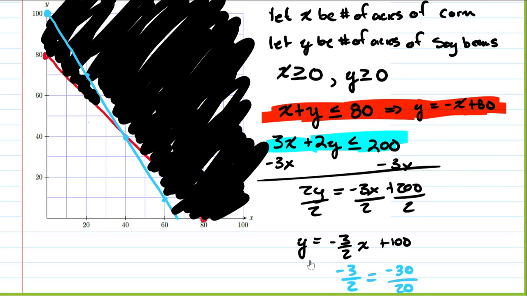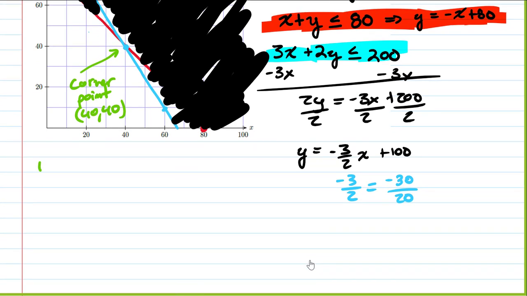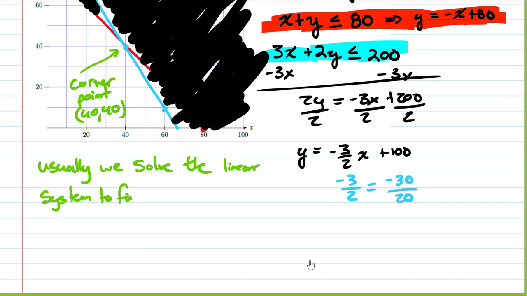This point right here, this time we can just read it off the graph. This is called a corner point, and we can read off its coordinate this time as 40, 40. Usually, we must solve the linear system to find the point of intersection.